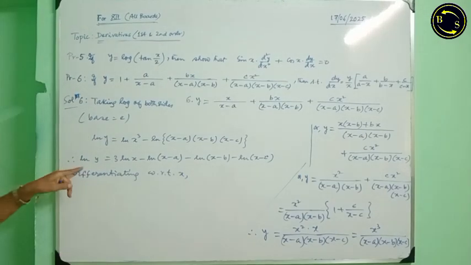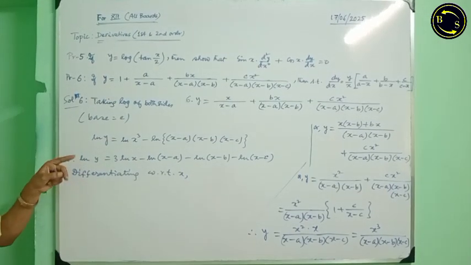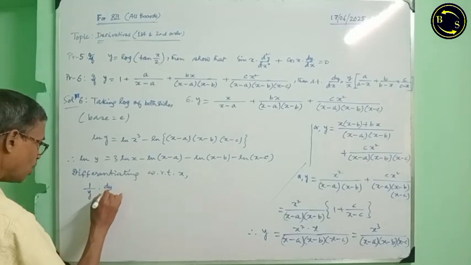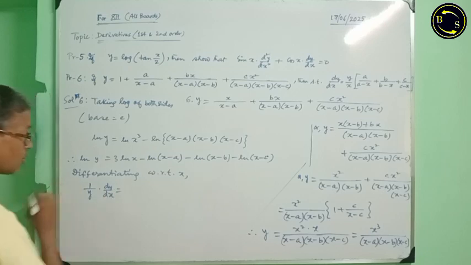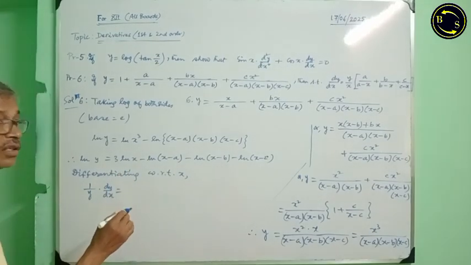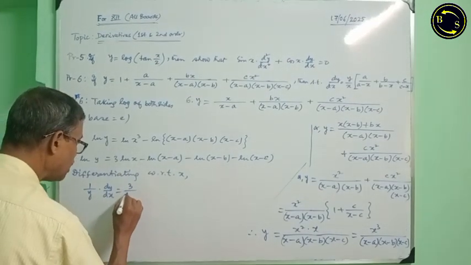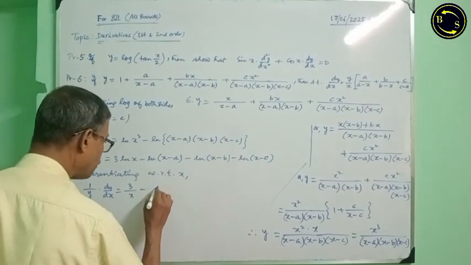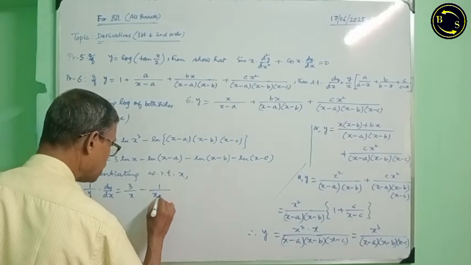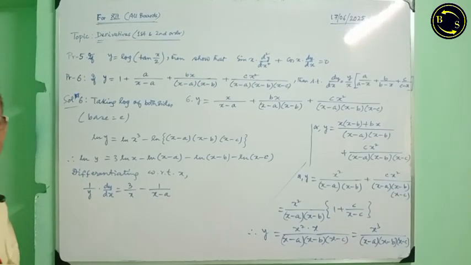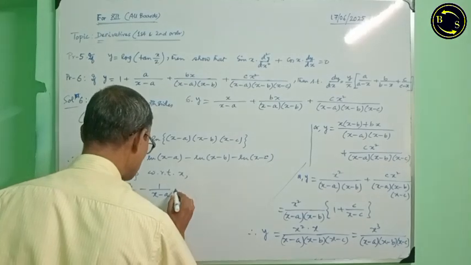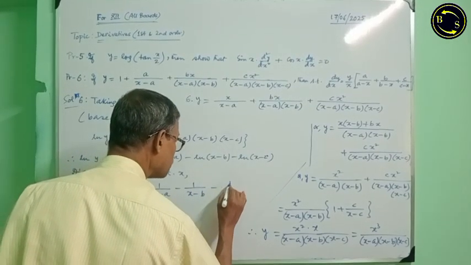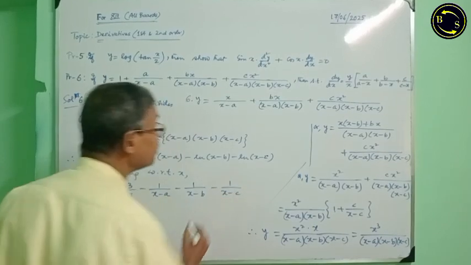Left hand side, y is a function of x, therefore we apply chain rule, 1 by y dy dx is equal to 3 log x, derivative will be 3 by x, derivative of log x is 1 by x, minus log u form 1 by x minus a, derivative of x minus a is 1, therefore this 1 by x minus b minus 1 by x minus c.